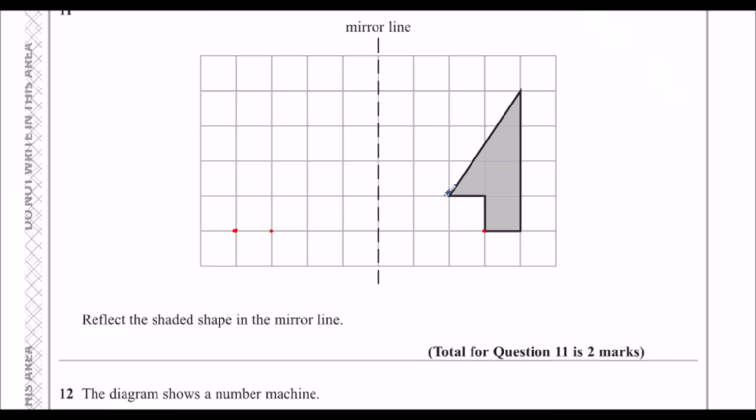This point is 2, 3, and the top point here is 1, 2, 3, 4 away. So it's going to be 1, 2, 3, 4 on the other side. Now we just need to join up these points. And there is our reflected shape.